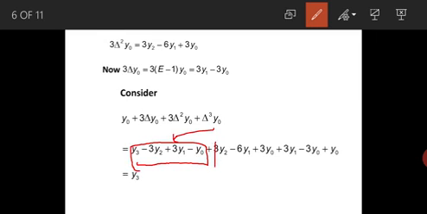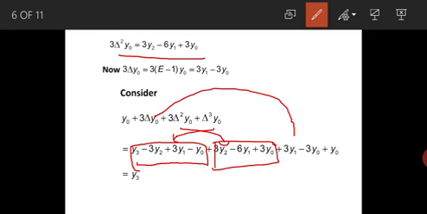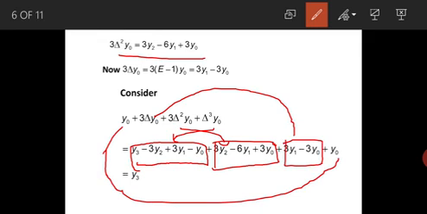After that I have substituted 3 times delta square of y naught. Here, the values are here, you can see very clearly. Then I substituted 3 times delta of y naught, 2 terms are there. And lastly y naught. This is y naught, right?